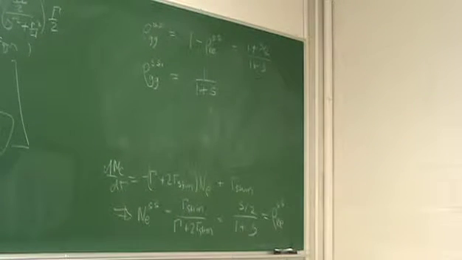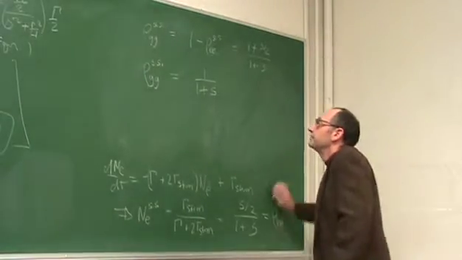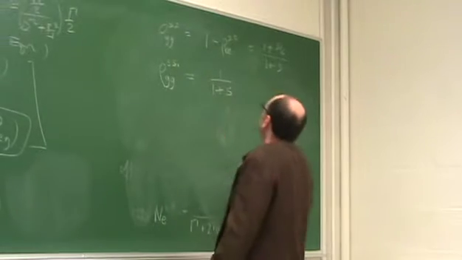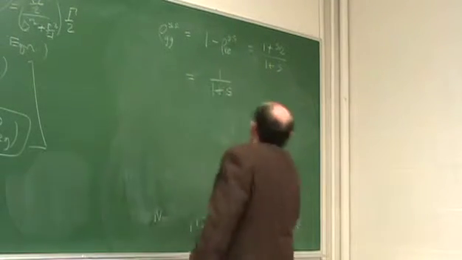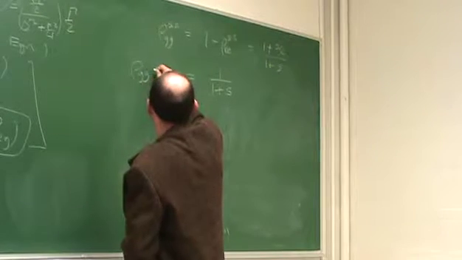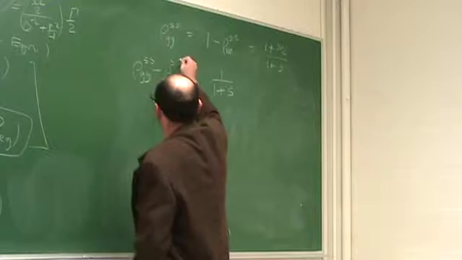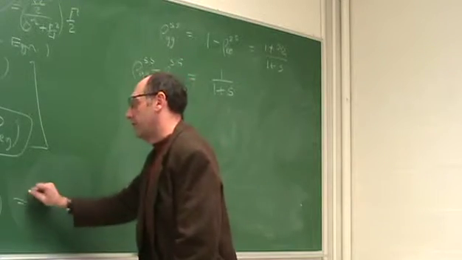So we can plug that in over here. So the difference between the ground state and the excited state in steady state is 1 over 1 plus S. Plug that in over here.